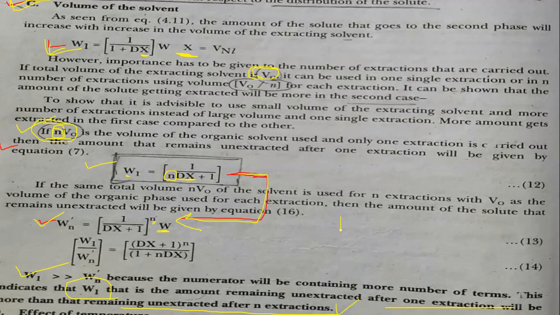If you use 1 liter of petrol for a single washing, versus 250 ml into 4, this is also 1 liter, but you are using it in 4 portions. So this will give you the better extraction.